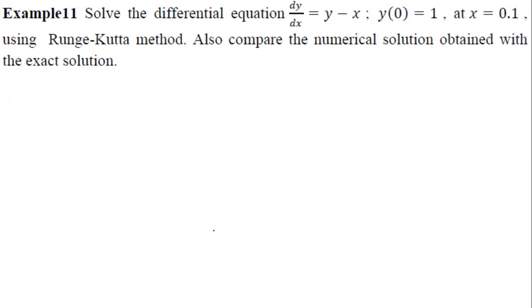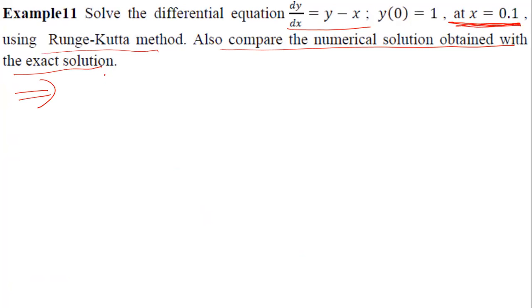So this is one problem you can think of. You can use the Runge-Kutta method to find the solution of this differential equation at x equal to 0.1, and you can compare the numerical solution with the exact solution. The exact solution you can calculate by integrating. Here dy upon dx is equal to y minus x, so f of x y is again y minus x.